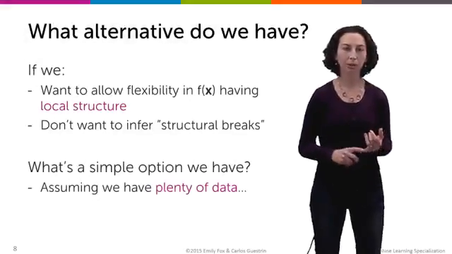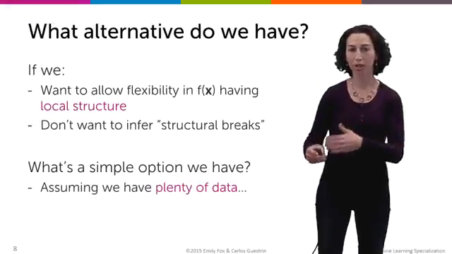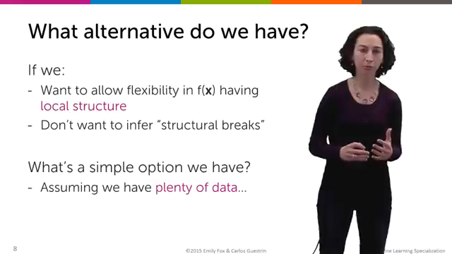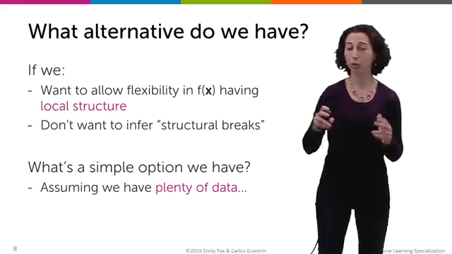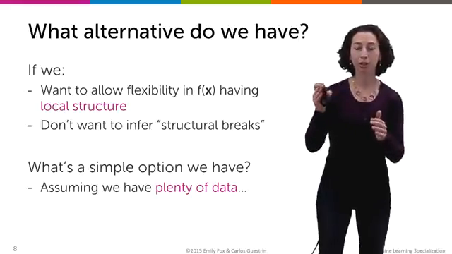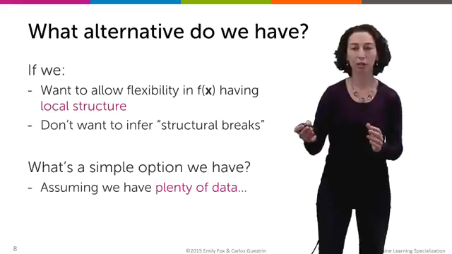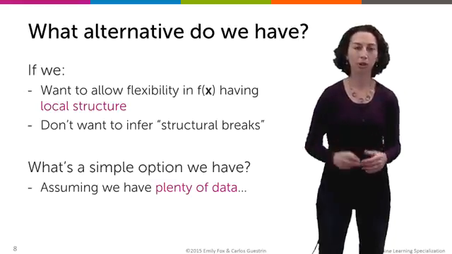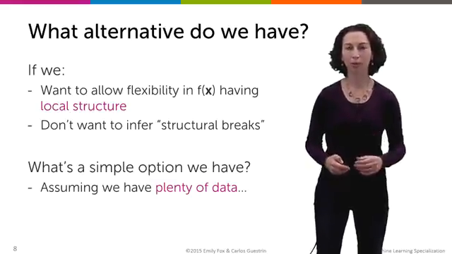We want to flexibly define our f of x, our relationship in this case between square feet and house value, to have this type of local structure. But let's say we don't want to assume that there are what are called structural breaks, that there are certain change points where the structure of our regression is going to change. In that case, you'd have to infer where those breakpoints are. Instead, let's consider a really simple approach that works well when you have lots of data.